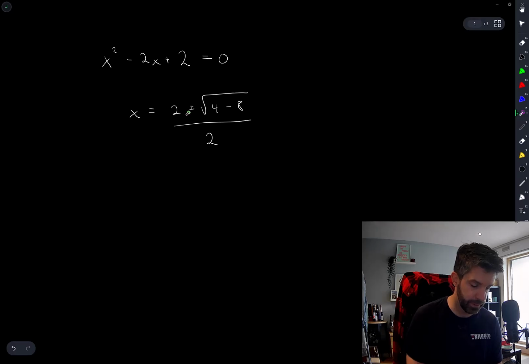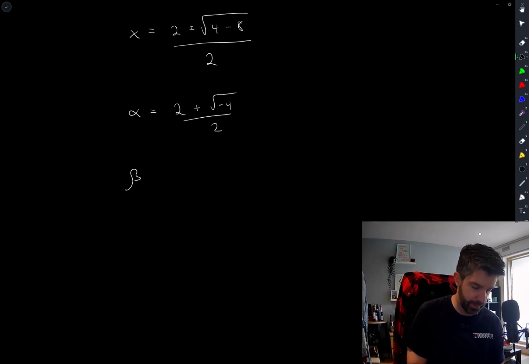Okay, so negative b plus or minus the square root of b squared minus 4ac. Okay, so we'll say alpha is equal to 2 plus root negative 4 over 2.